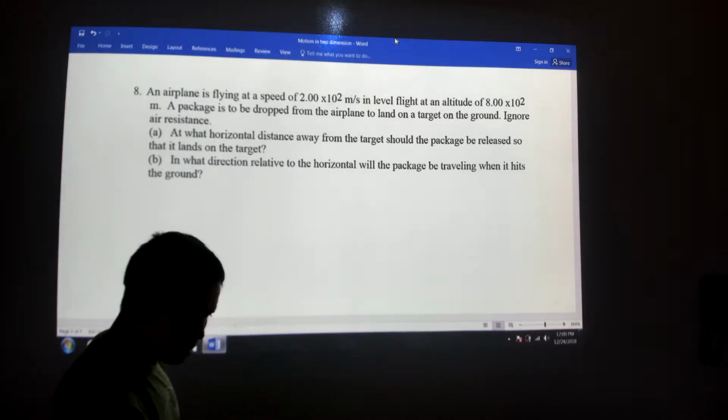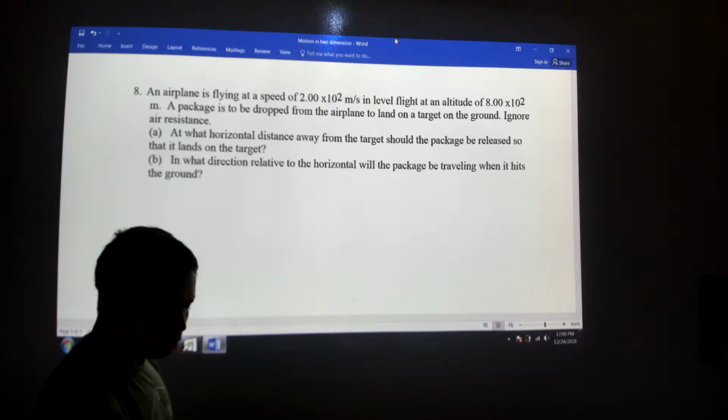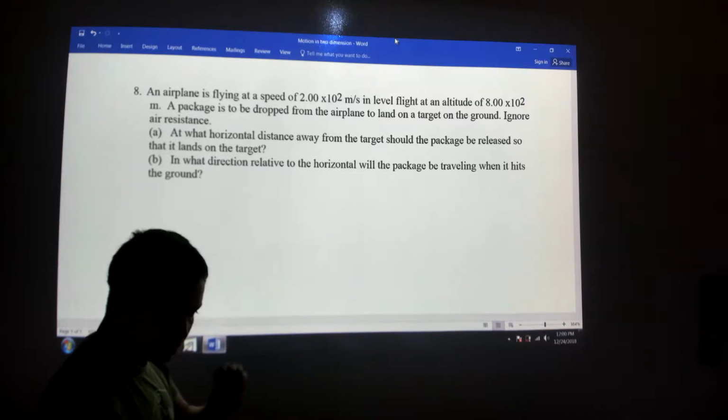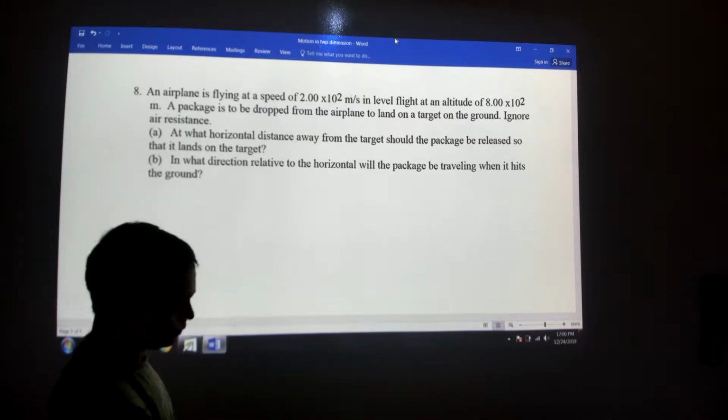This problem is related to projectile motion, where the object is thrown horizontally.